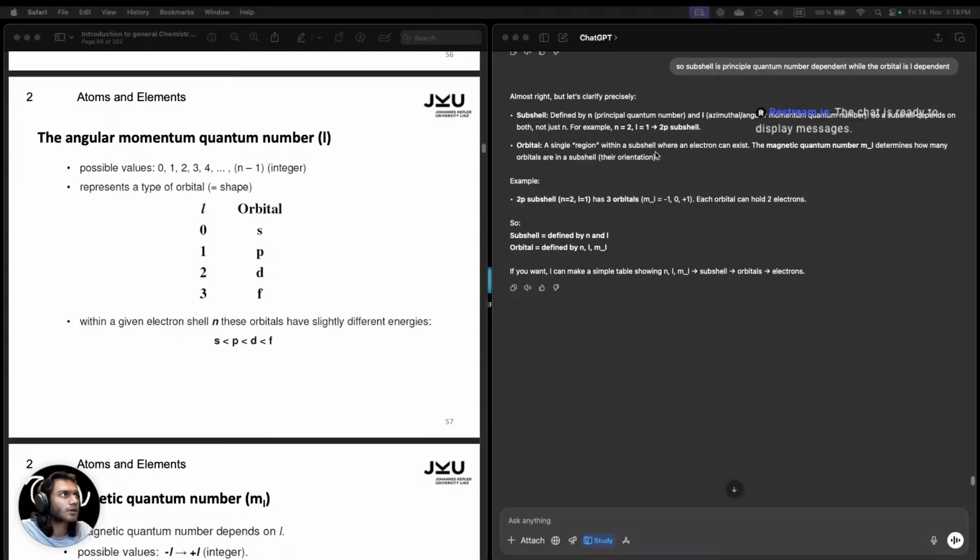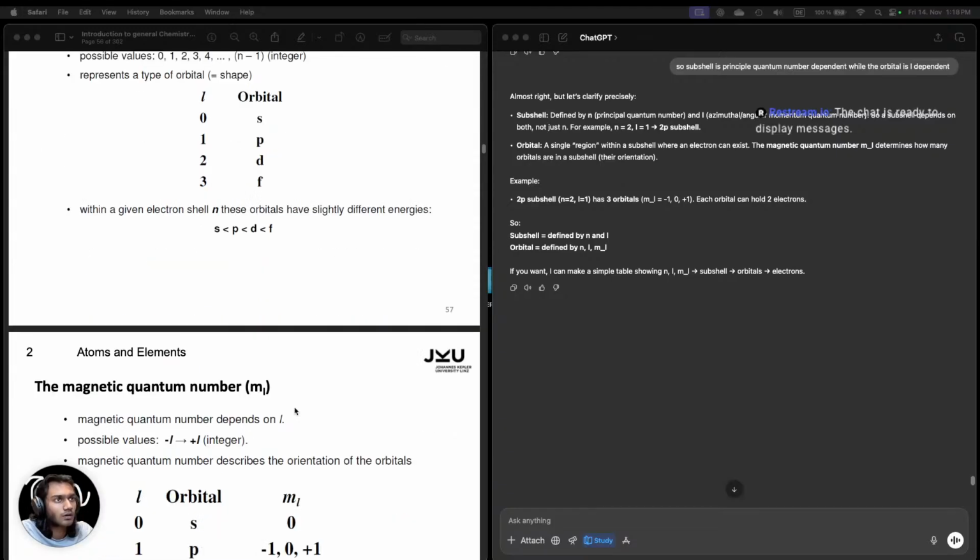An orbital is a single region where an electron can exist. The magnetic quantum number determines how many orbitals are in the subshell. Three orbitals, okay.